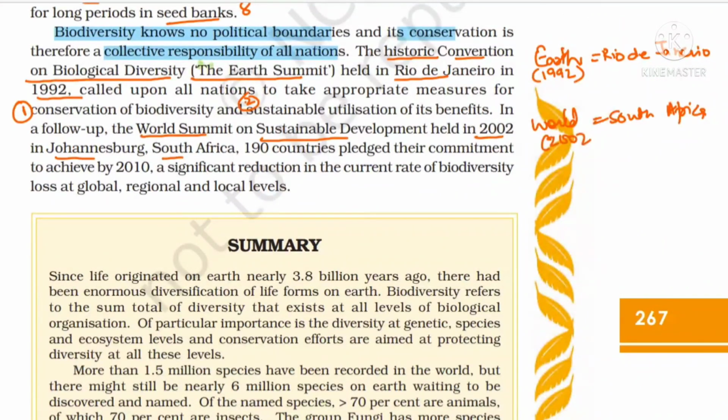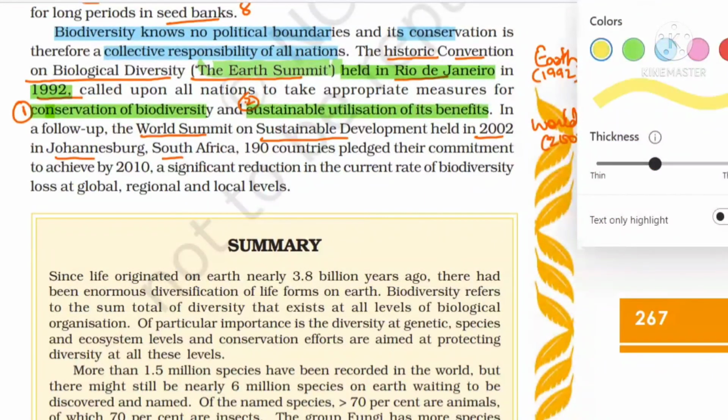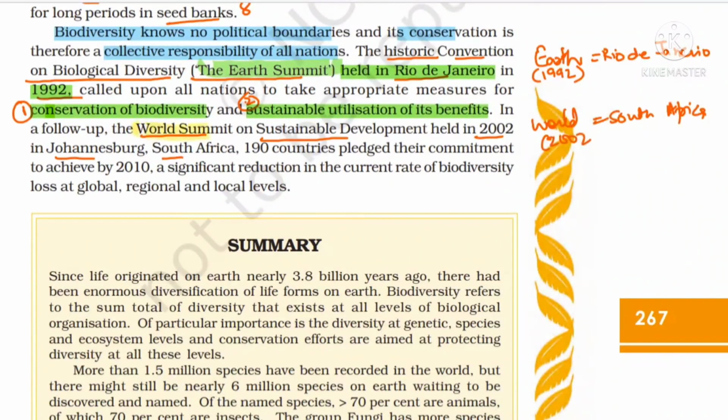Earth Summit, in which year? 1992 in Rio de Janeiro, focusing on two things, conservation and sustainable use of its benefit. And what is the World Summit? World Summit was held in 2002 in Johannesburg in South Africa, and their focus was sustainable development.